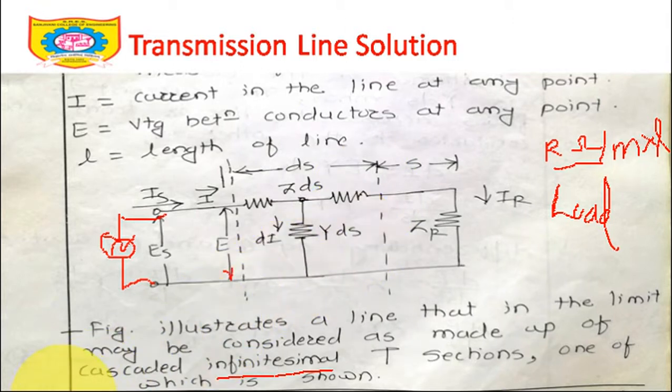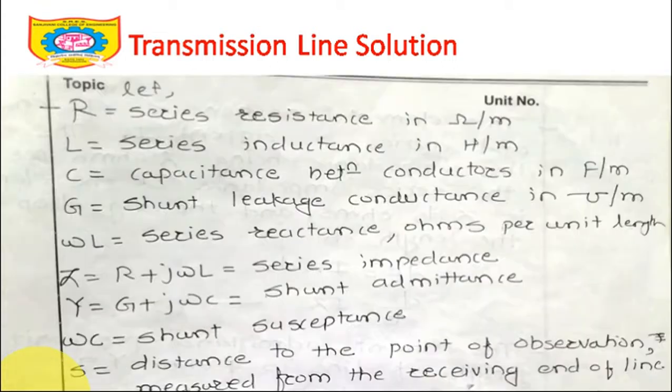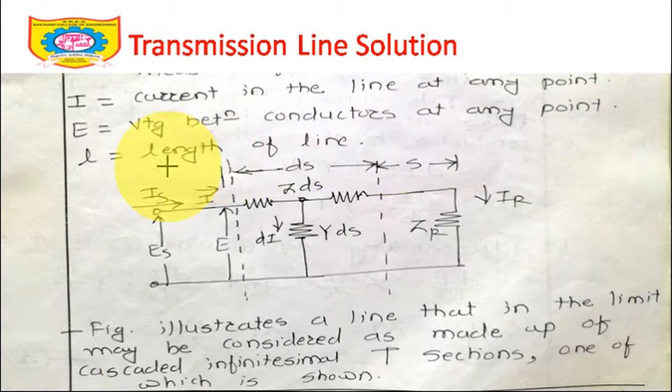Okay, so let's start our derivation. First of all, you just revise the concept of what is RLGC once again, and from the next lecture onward we will talk about the actual derivation. So this RLGC, what is Z, what is Y, what is omega C, what is omega L, and what is small s. Once that is known, you just go through this particular diagram of the transmission line, how this diagram is represented, and how we can derive certain expressions depending on the application of Ohm's law.